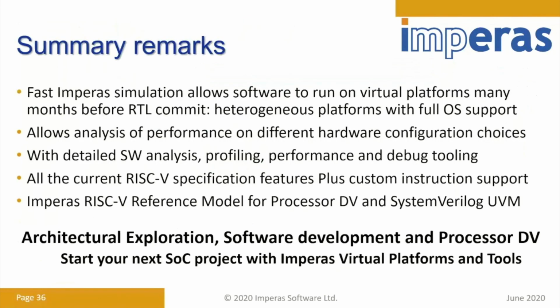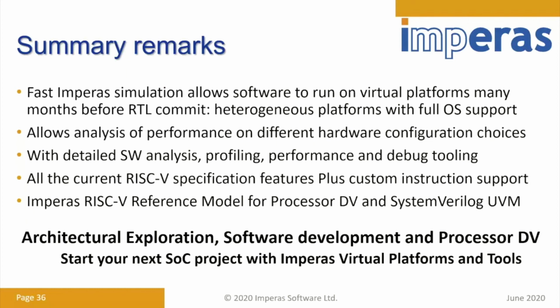Just in summary, some of the things to take away from this are that our simulation is incredibly fast. We run billions of instructions per second inside our environment. We have some great analysis and debug tools that allow you to extract lots of information from the execution of applications on the processor models, but also from a system perspective where you have your heterogeneous platforms.